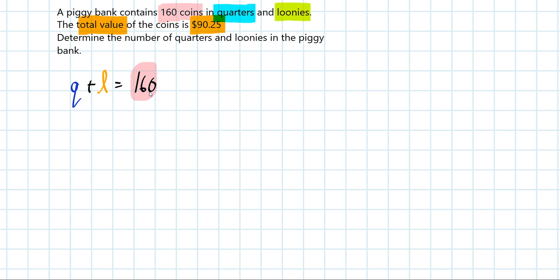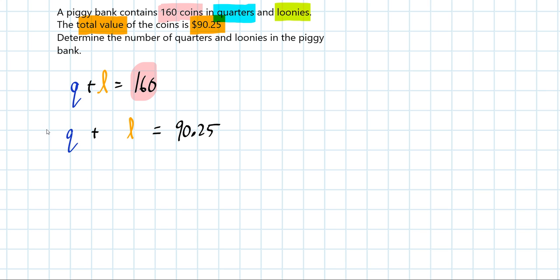They also tell us that if we add up all of the money, the worth of the quarters and the loonies, we get $90.25. So we could write this out as our amount from our quarters and our amount from our loonies equal to 90.25.